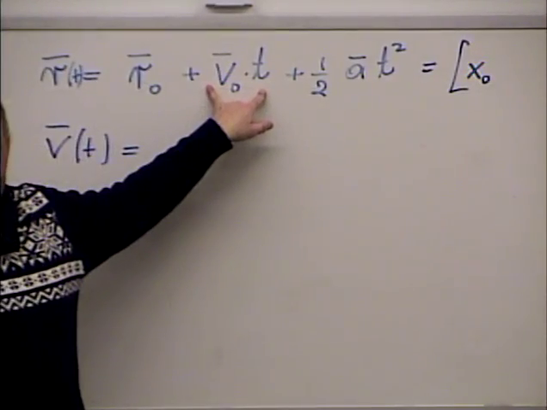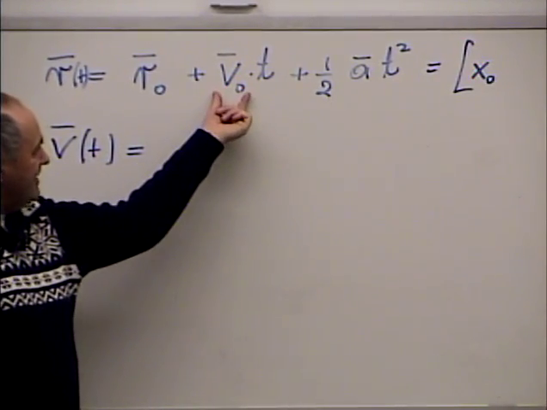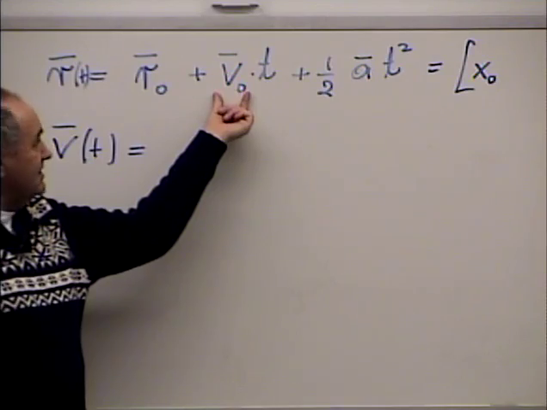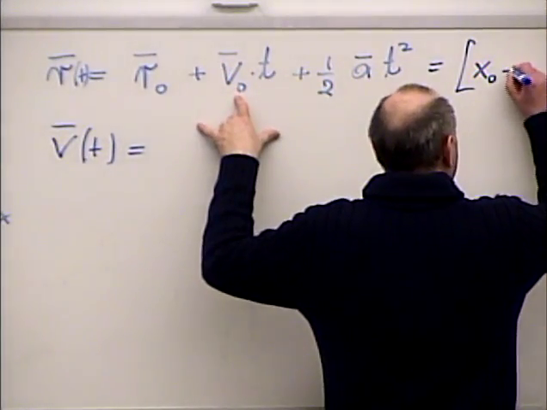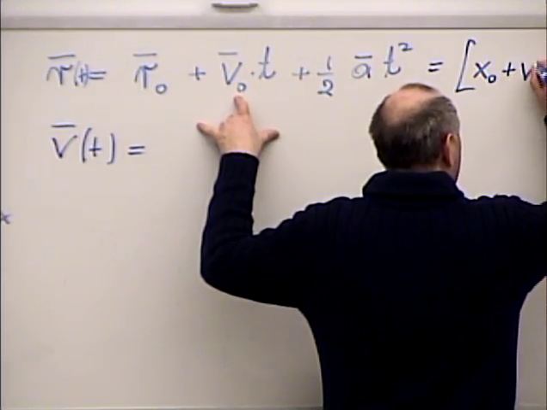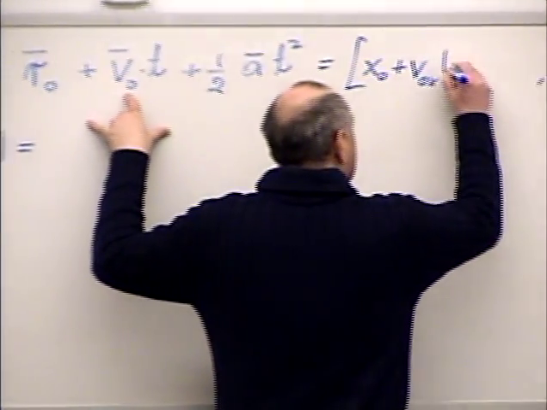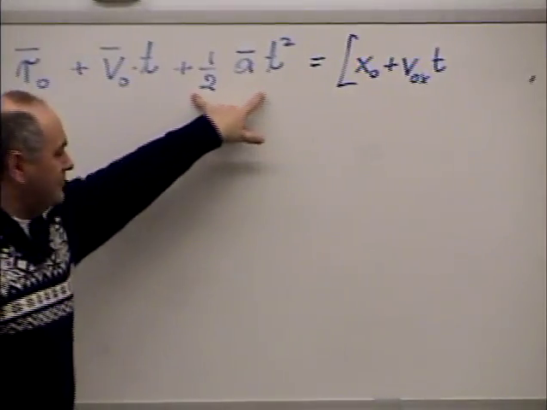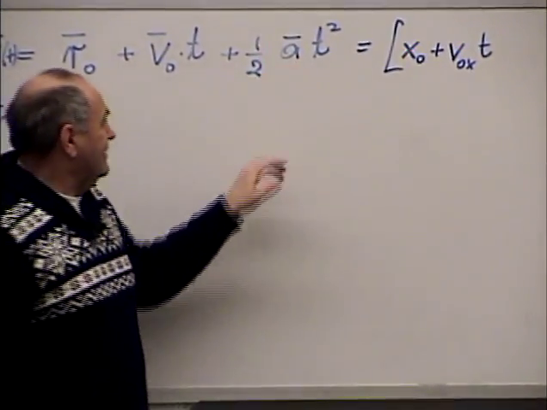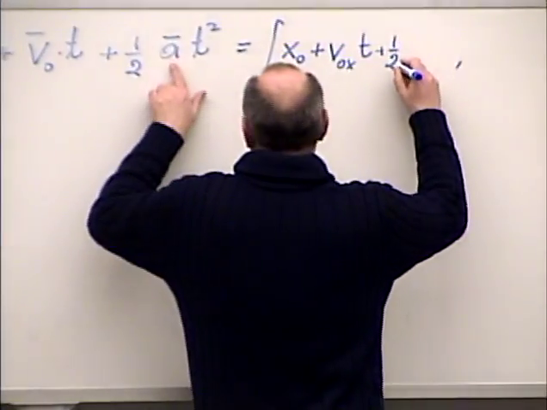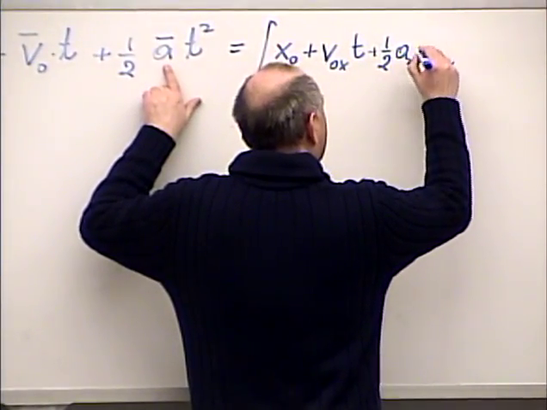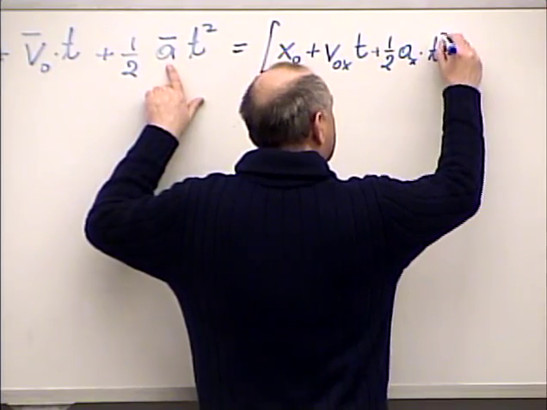Now, the x component of this one, I will have to take the x component of velocity and multiply by t. So consistently I will have to put v0x times t. Now for this expression, I will have to have 1/2 the x component of acceleration times t squared.